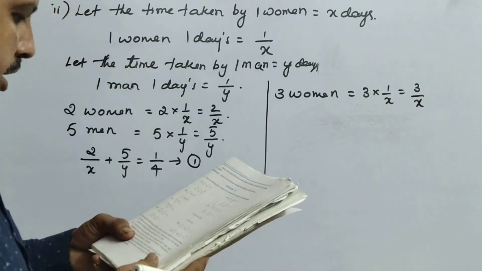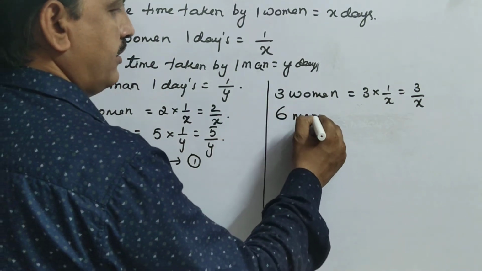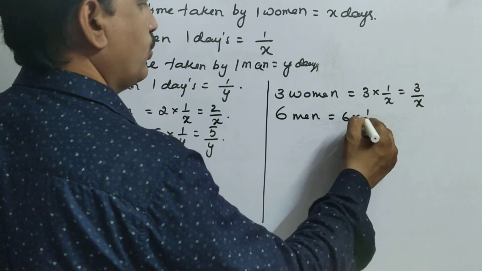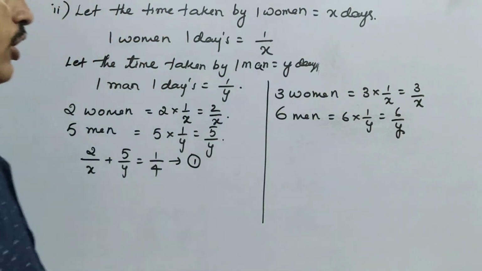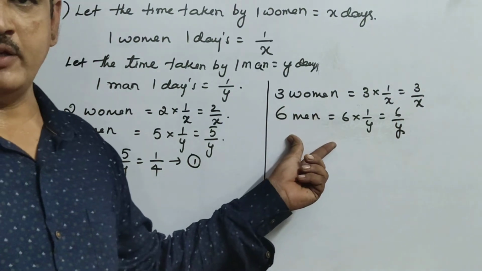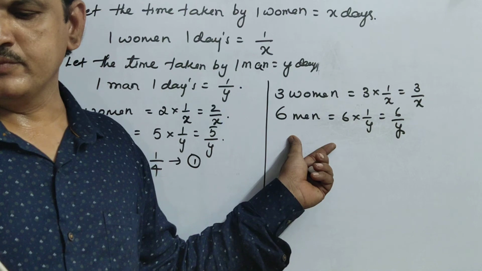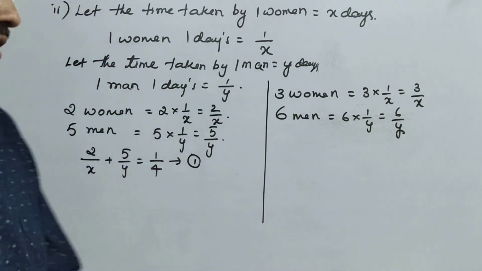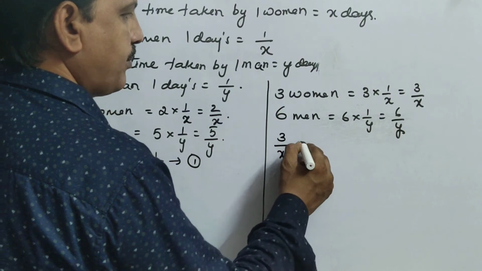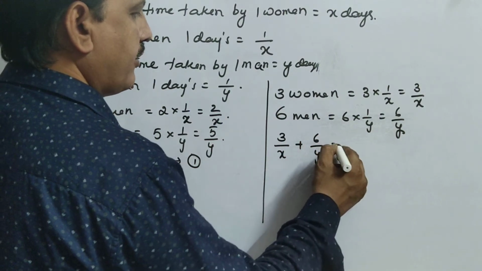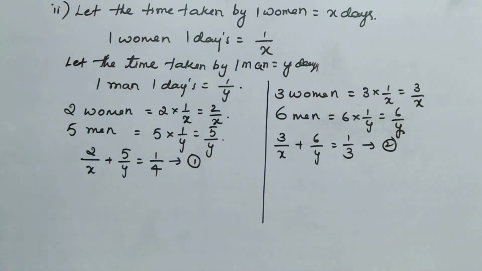And how many men there? 6 men. 6 men equals 6 into 1 by y, so that is 6 by y. Now 3 women and 6 men together, how many days are they taking? 3 days. That means according to the question, 3 by x plus 6 by y equals 1 by 3. So this is equation 2.